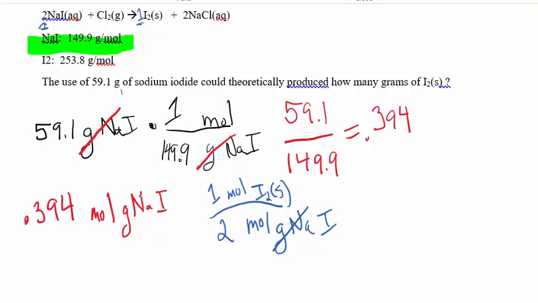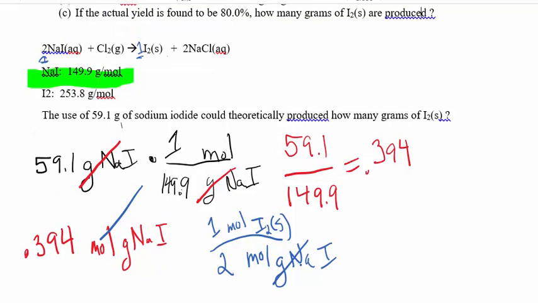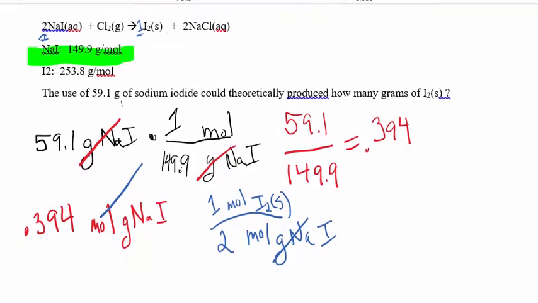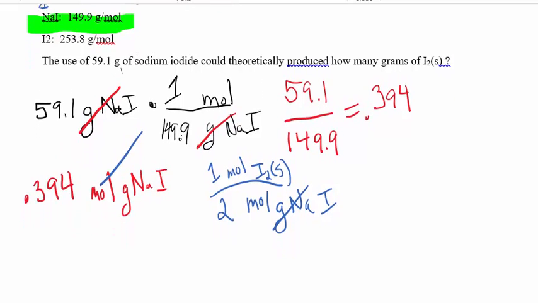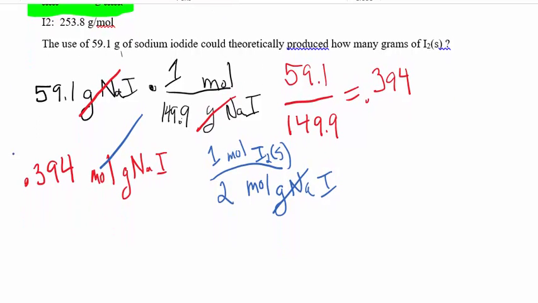And this cancels. And then I just multiply across. So I say 0.394 divided by 2. And that will give me the number of moles, right?